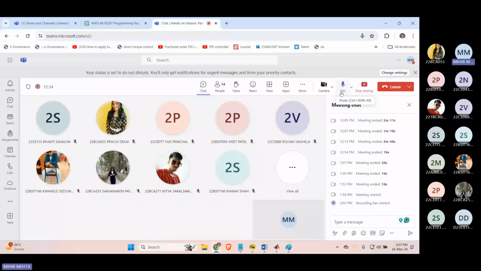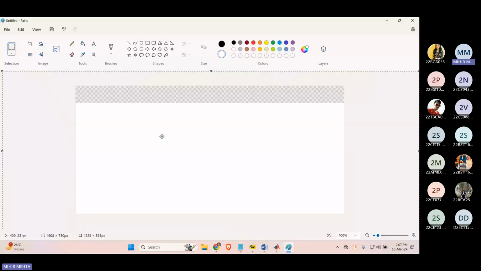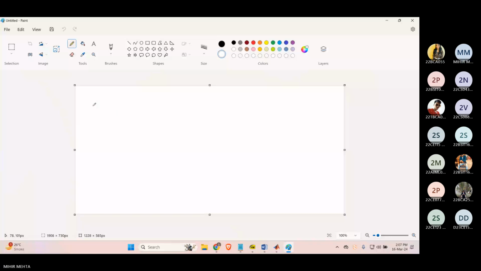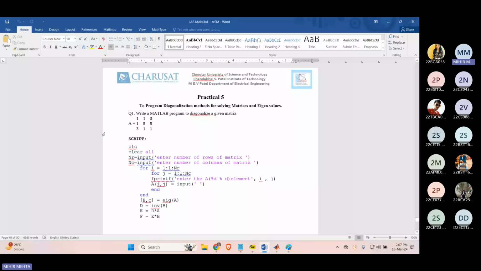Fine, anyways. So let's say we have a matrix. In the first row, you have 1, 1, 3.